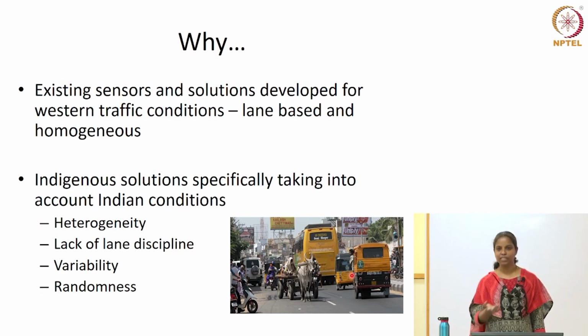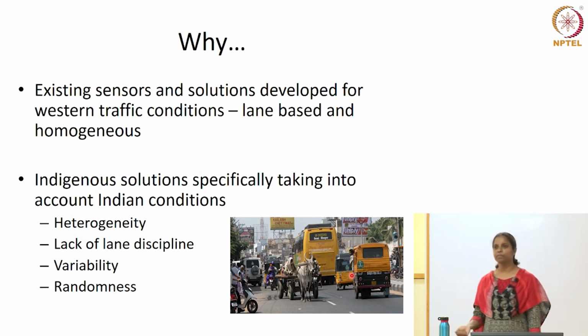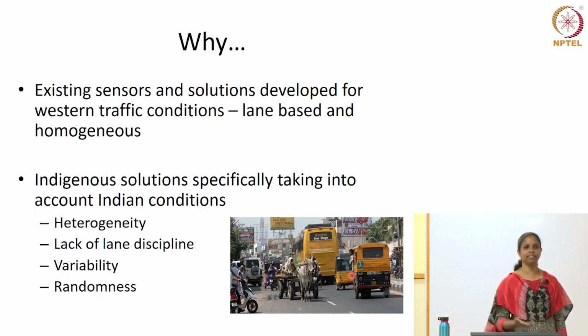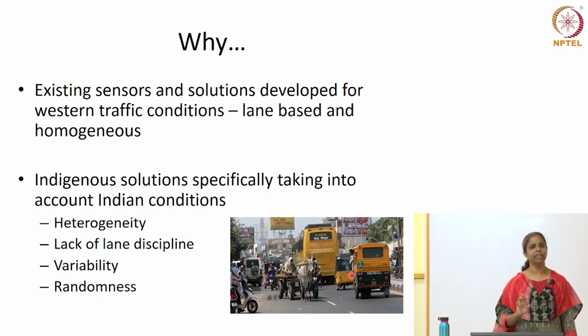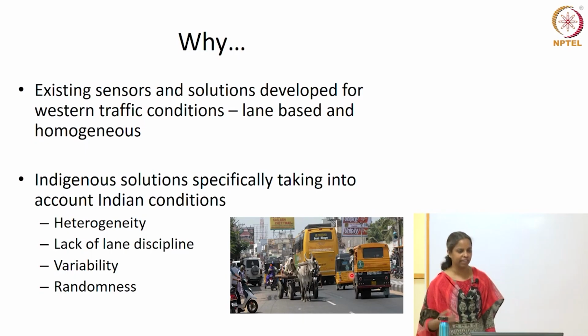The other is heterogeneity. We have all types of vehicles. There are some 16 different types of vehicles that can be running on our roadways. On a typical US road, you have cars and trucks, that's all. A very small percentage of trucks, and a maximum number of cars. So it's a very simple way of handling.